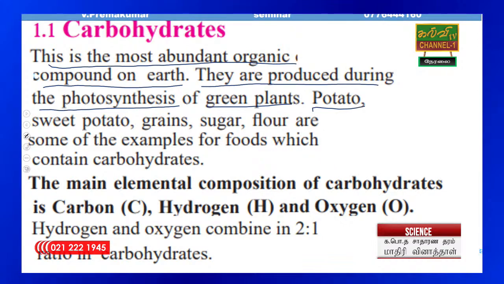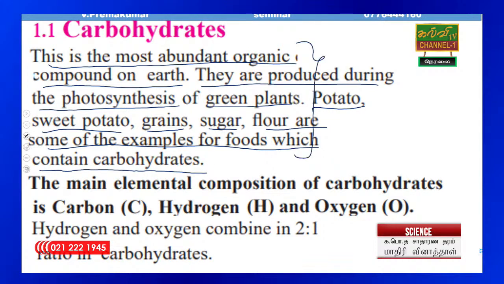Potato, sweet potato, grain, sugar, flour are some examples of foods which contain carbohydrates. You may have studied this in grade 5, right? What are the foods that contain carbohydrate? Then the main elemental composition of carbohydrate.